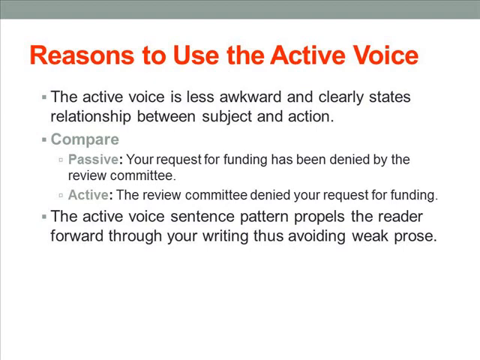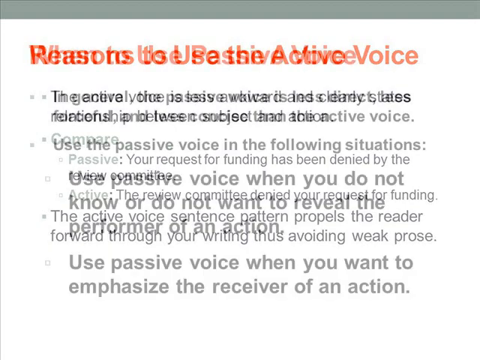People often use the passive voice if they want to obscure who really completed the action, such as the review committee might want to do if they're letting you know they're denying your funding. However, you might appreciate the much more direct approach that comes with the second sentence. The active voice sentence pattern propels the reader forward through your writing, and it avoids weak prose. In general, it's the better way to go.